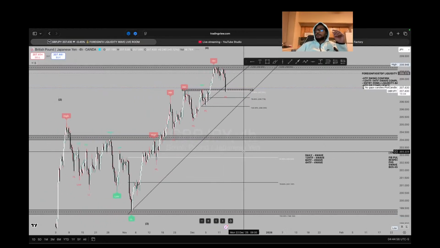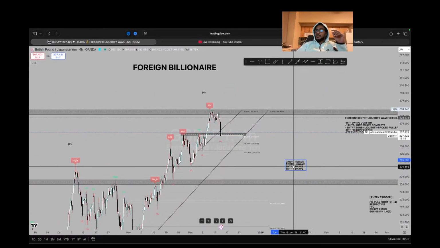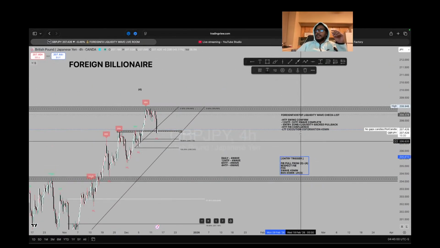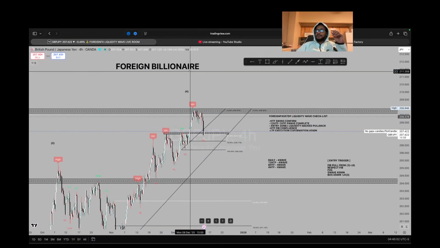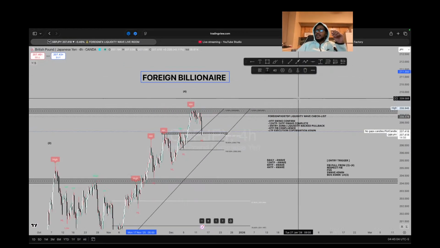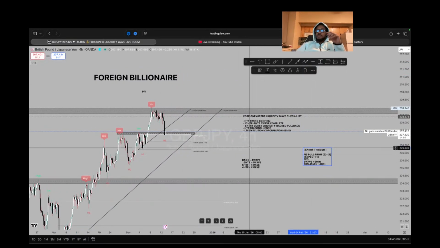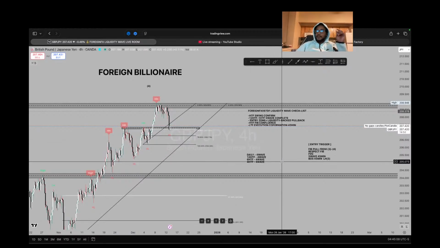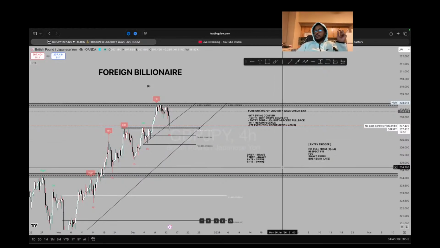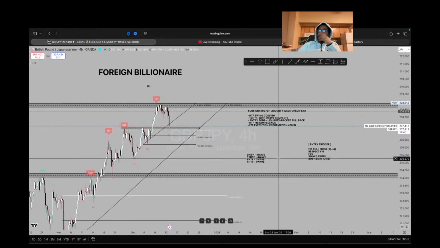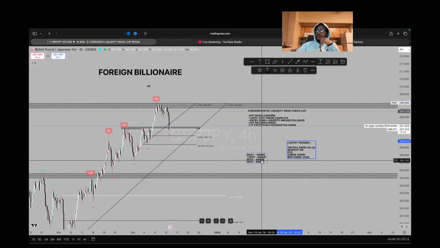Moving along, my favorite pair, GBP JPY, GJ. Daily 4 wave, 12-hour 4 wave, 6-hour 4 wave, 4-hour 4 wave. Every time frame, I should say, is in sync.